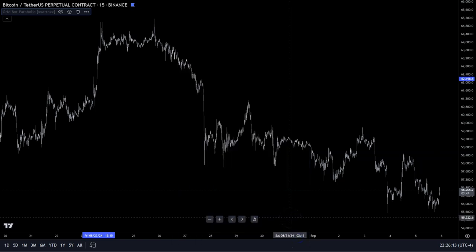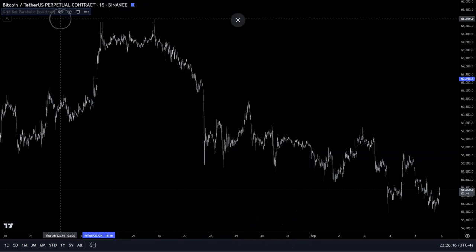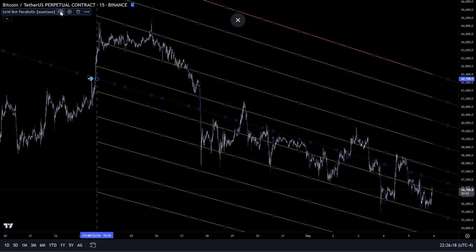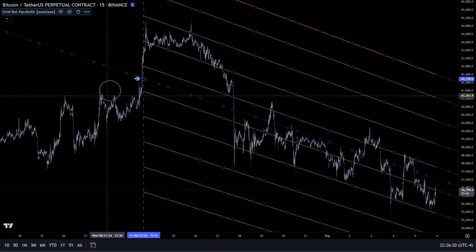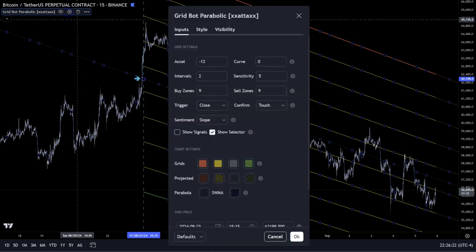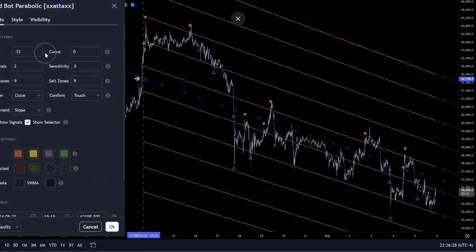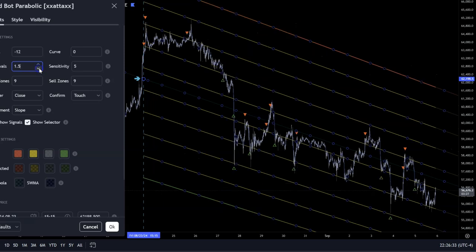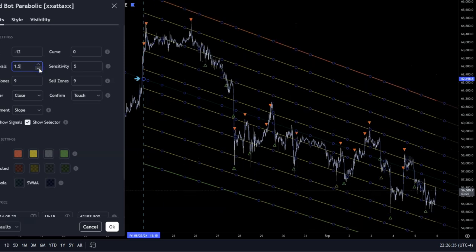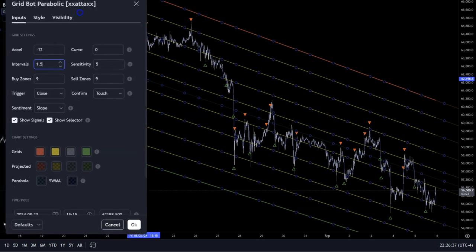We can always change this. I hid the indicator so we can't see it. We may just want a tilted grid without the curve. Put the signals back on. We will decrease the intervals. And we see we have a tilted grid bot, no curve.